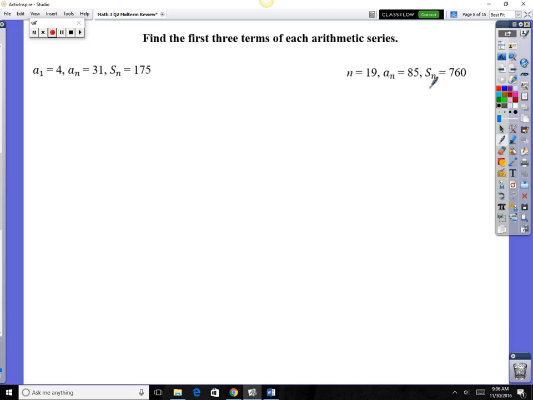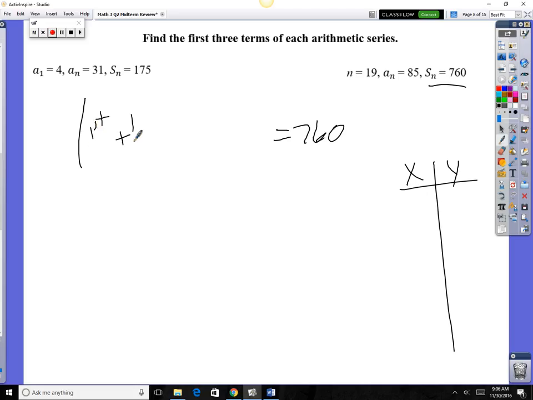So the sum is 760. Here's what they have given us. So we need the first plus the last times the number of terms divided by 2.